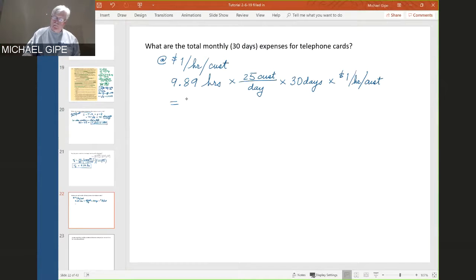Plug that into the calculator, and that equals $7,420.65 expense for keeping the customers happy with free phone calls. 94% utilization, huge, heavy cost when we have to pay to keep those customers happy.